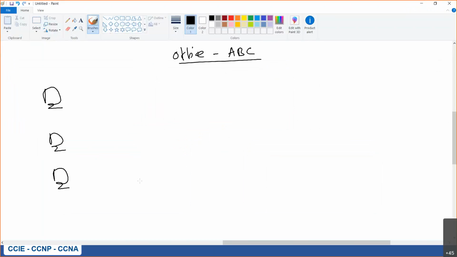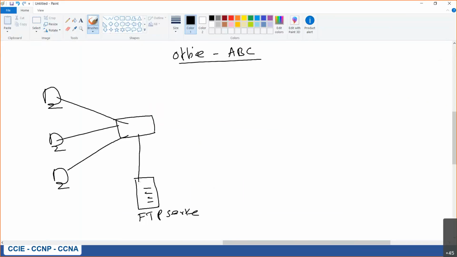Here I have one server, let's consider an FTP server, and all devices are connected to one switch with RJ45 cable. So for this office, only 4 hosts are available. Which class IP address do you recommend? A, B, or C?